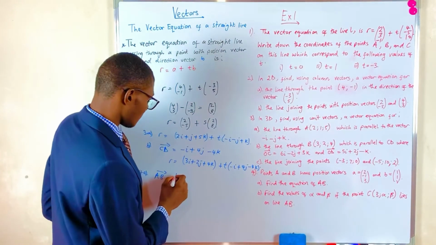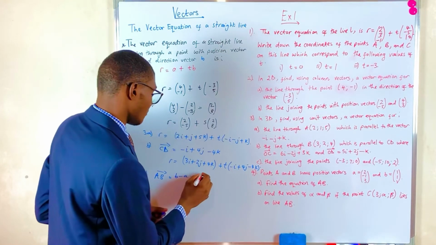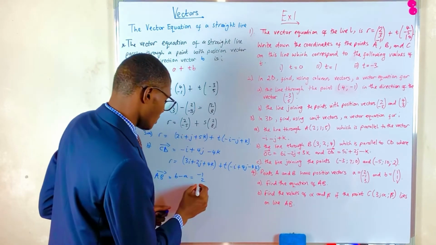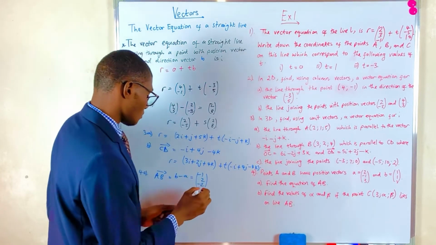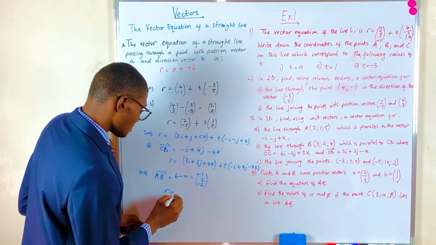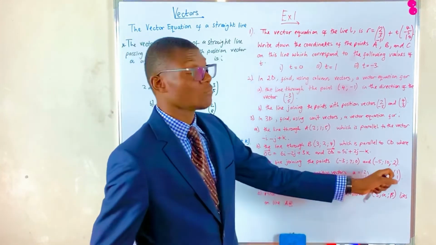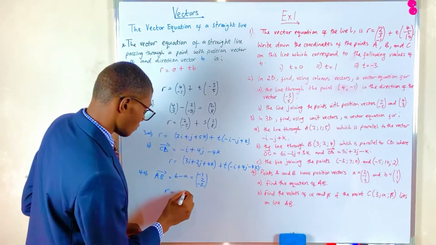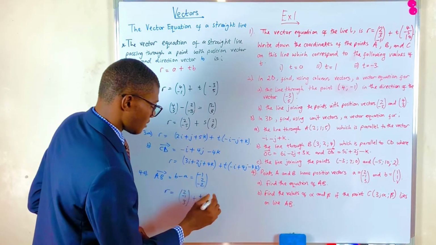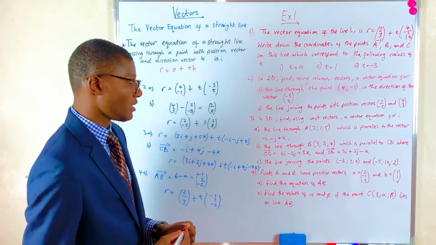In other words, this is B minus A, which is simply 1 minus 2, that's -1, then 1 minus (-1), that's 2, then 1 minus 3, that's -2. So this is our direction vector, such that the equation would be r equals, and here we can decide to use A or B for the position vector. So if we use A, (2, -1, 3) plus t times the direction vector (-1, 2, -2). So this will be the equation of AB.